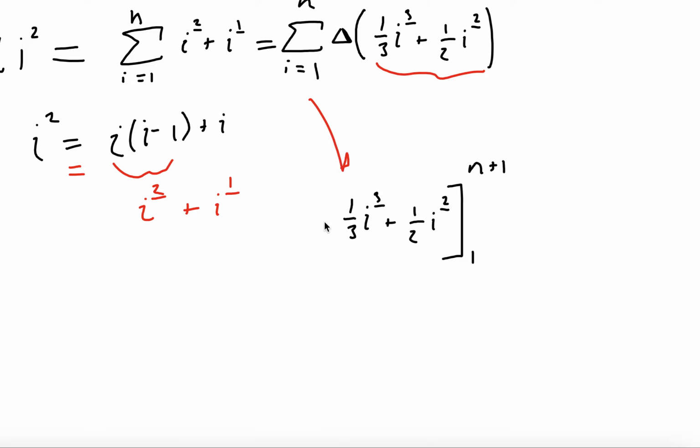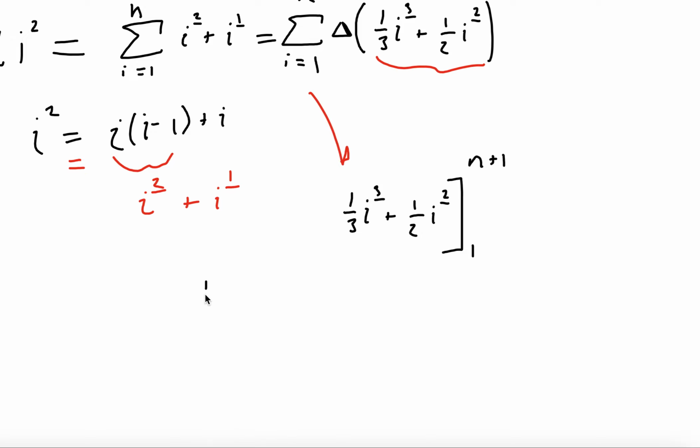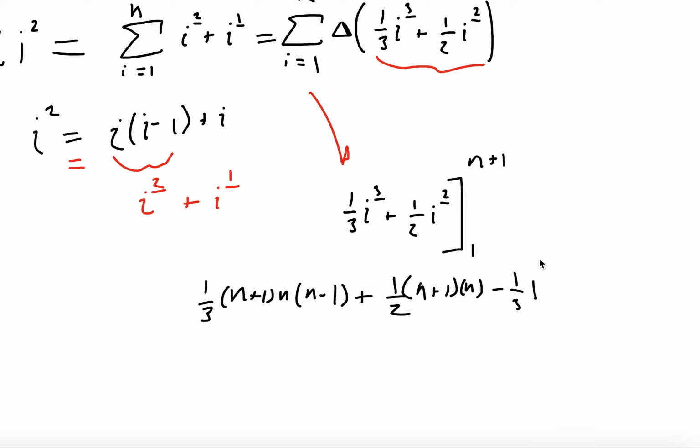So what is this? First we have 1/3, and n plus 1 to the falling 3 is n plus 1 times n times n minus 1. Add that to 1/2 times n plus 1 to the falling 2, which is 1/2 times n plus 1 times n. And subtract from that 1/3 times 1 to the falling 3 minus 1/2 times 1 to the falling 2.